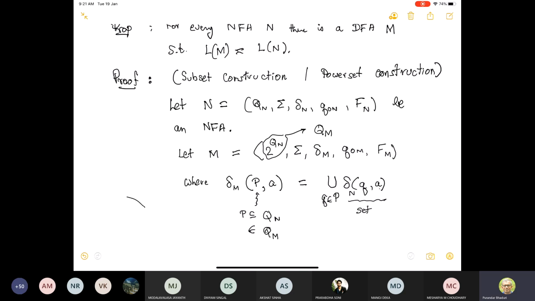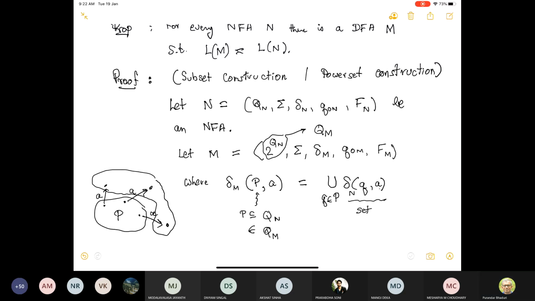So intuitively, this means if you have this set P and on a symbol a, you can go from here to there, and from here to there, from here to there, then you take all these states that can be reached by starting from a state in the set P, by a transition in N. Okay, that is the meaning.